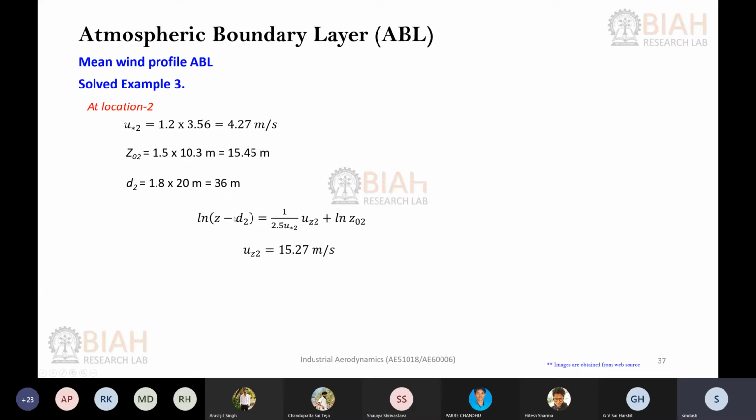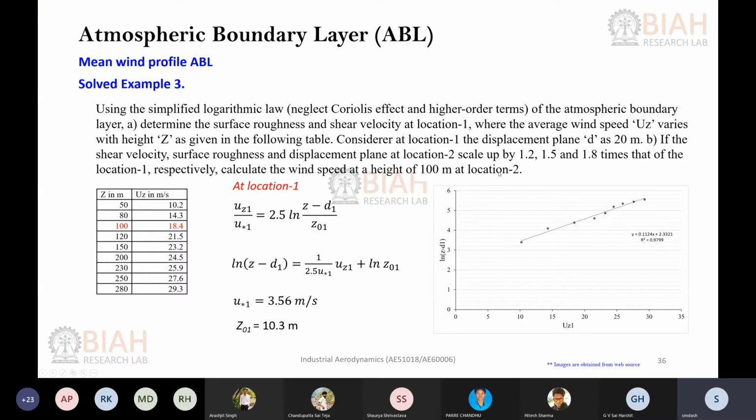Using this data, again you need to use the simplified equation that we just obtained. Substitute all the values. Here z will be your 100 meter, right? For location 2 you are interested in the velocity value at a height of 100 meter.